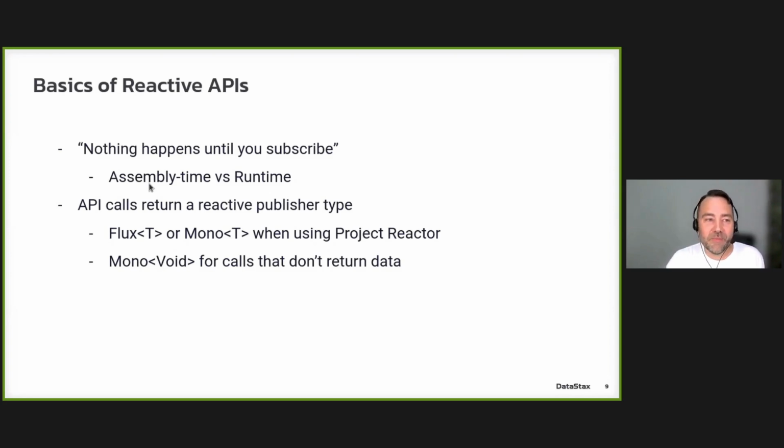And this means that all API calls should be returning reactive publisher types. When you're using Project Reactor, it's a Flux or a Mono. A Flux is zero or many, and a Mono is zero or one result elements. And for calls that don't return data, there also has to be a publisher type, and Mono<Void> is used for that in Project Reactor.